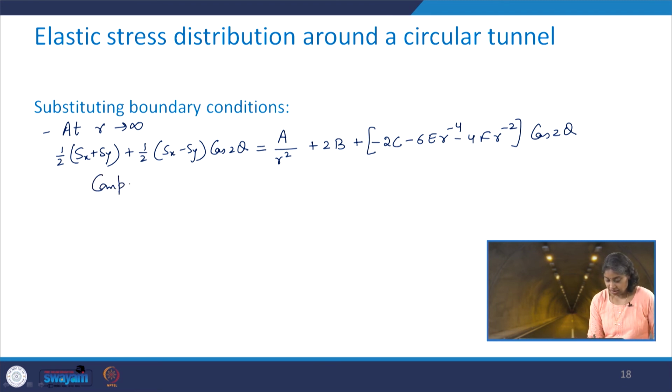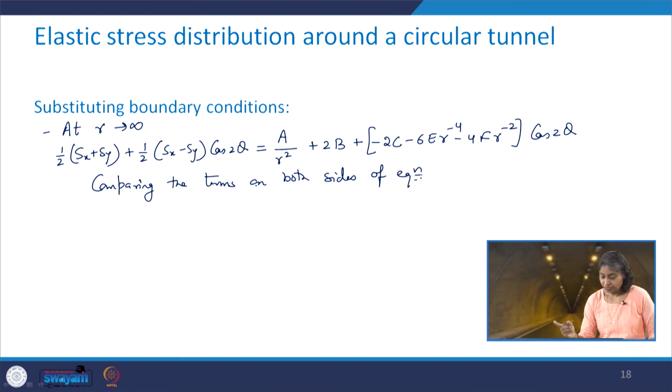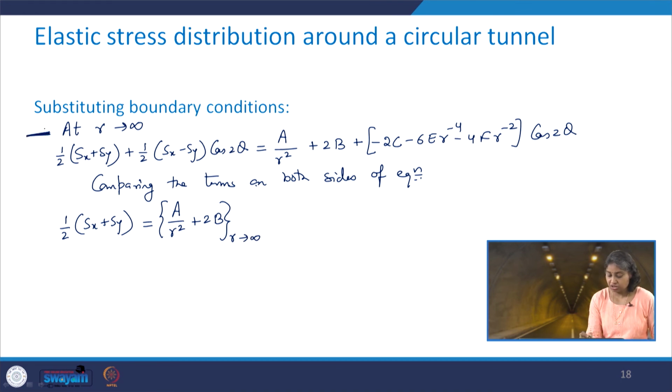So, comparing the terms on both sides of this equation, what we are going to get is something like this, that is half (Sx plus Sy) is going to be equal to a upon r square plus 2b, and of course, this is when r is tending to infinity, because we are substituting the boundary condition at r tending to infinity.